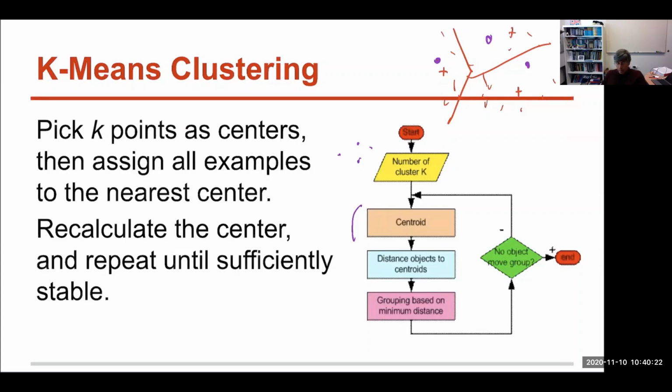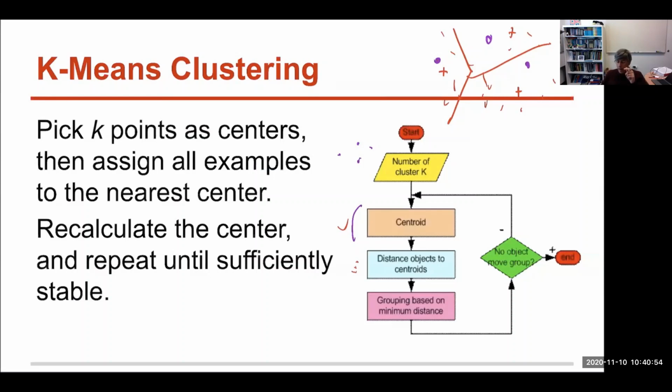Well, what k-means does is it goes through this iterative procedure. Once you have a partitioning of the points into clusters, you compute the centroid, you then see how far every point is from all the centroids, and assign each point the centroid that is nearest to it. This will presumably change for some points.